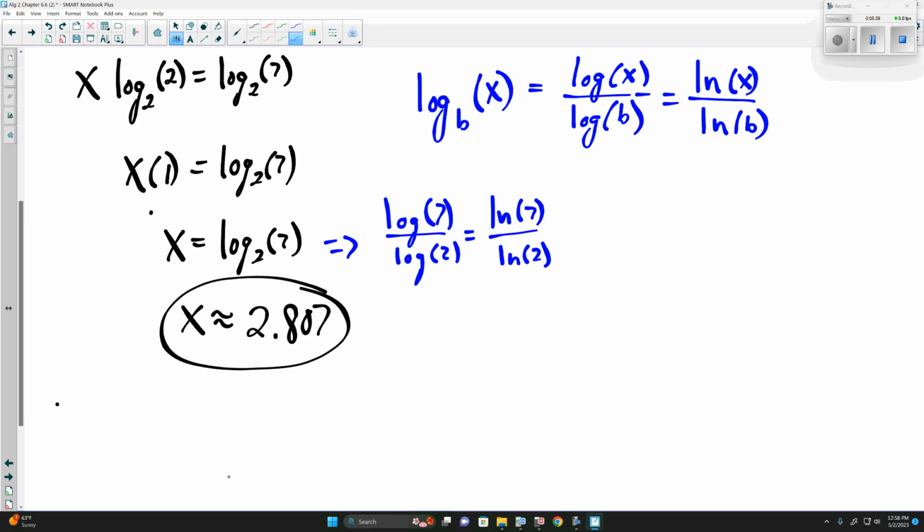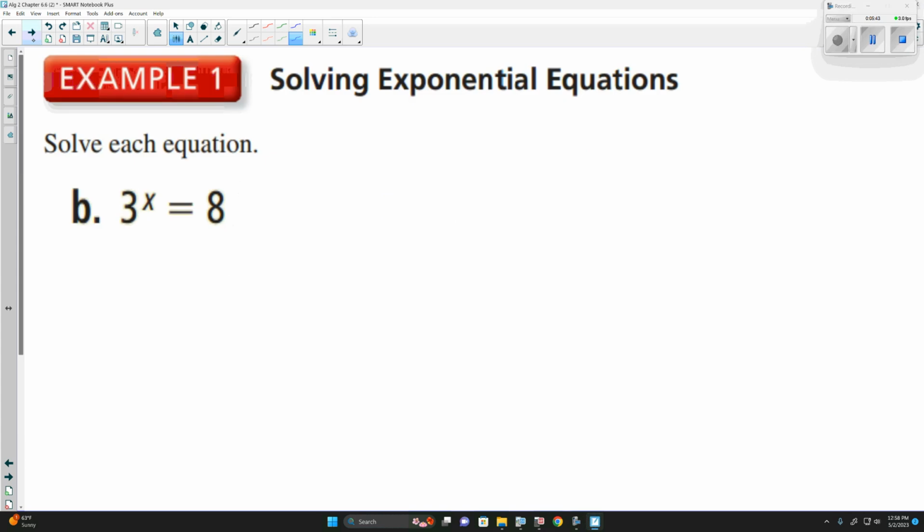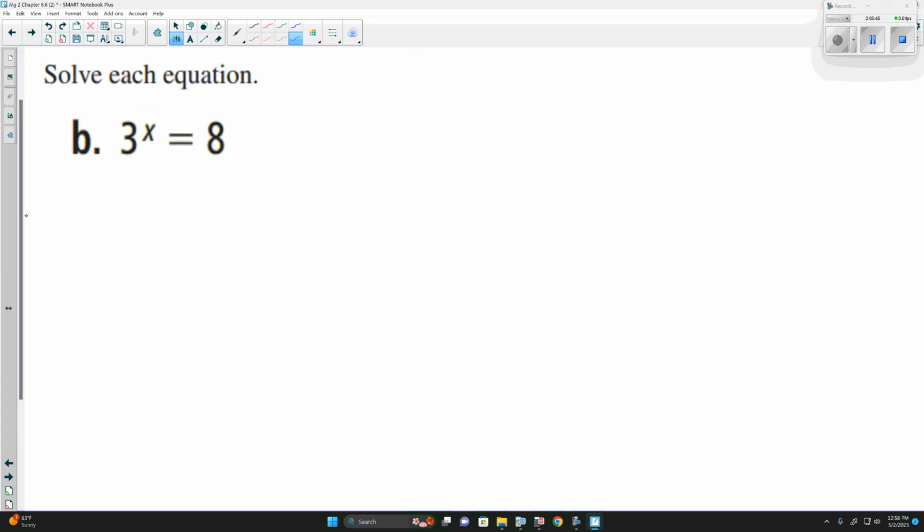Questions on this? The biggest thing with any of these is to get the number with the variable in the exponent by itself first. This one and the last one already have it by itself. What we need to do next is apply log to both sides. But what log would we apply?